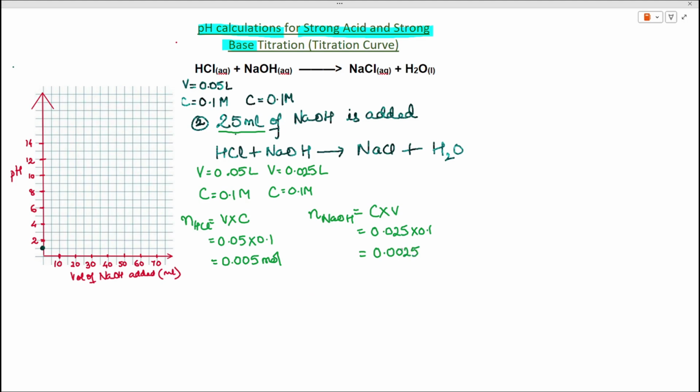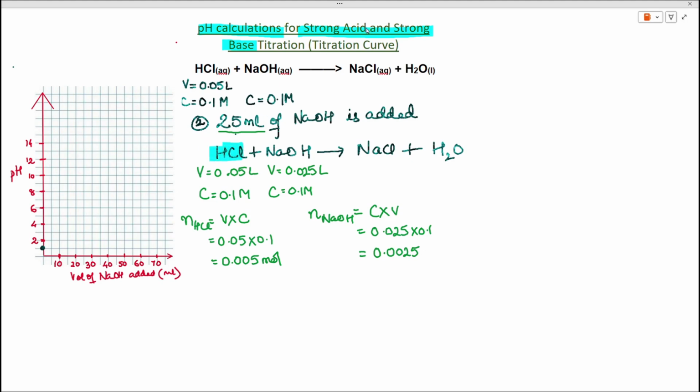Now we can clearly see that the number of moles of NaOH is in less amount. So this is the limiting reagent. So the solution will have its pH depending on the excess reagent. So our excess reagent here is HCl.